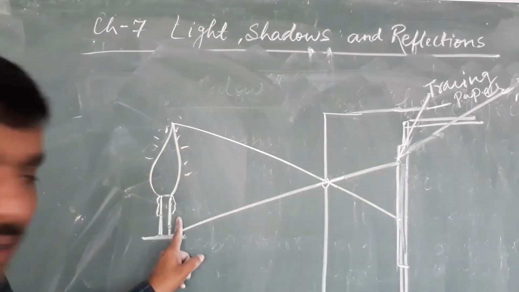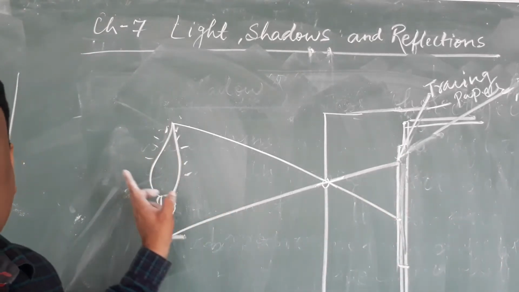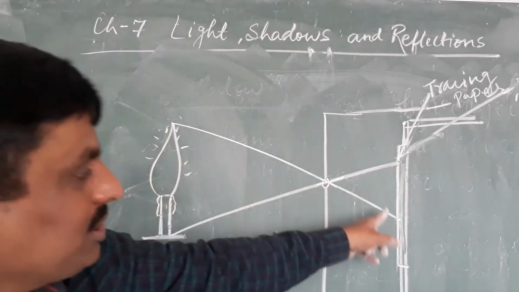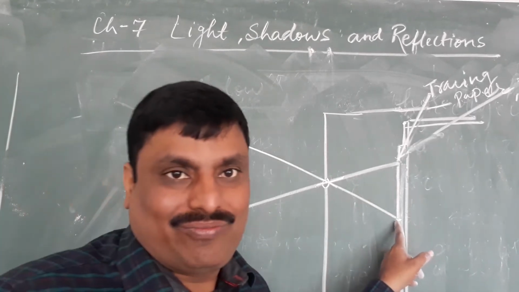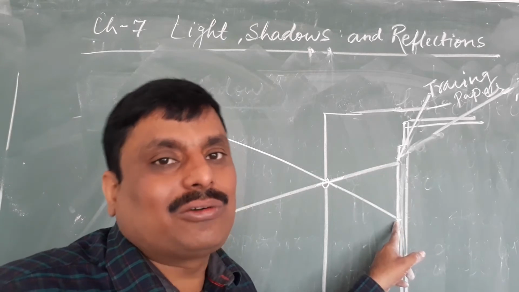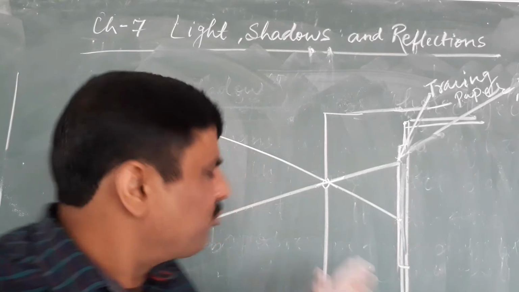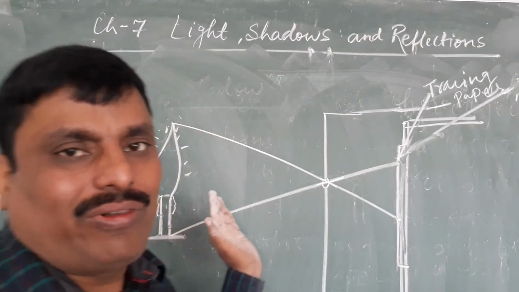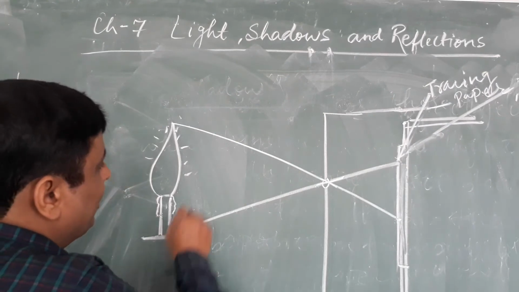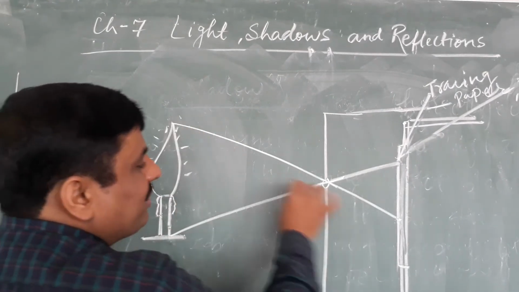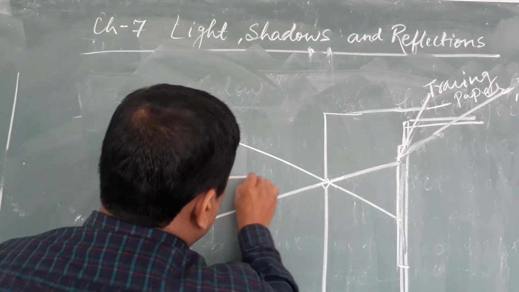Here you are keeping the candle erect, but you will see the image here is inverted and small also. The size of the image increases or decreases depending upon the distance of the candle or the source of light you are using. The candle, a source of light, produces light covering a rectilinear path, as explained by me.